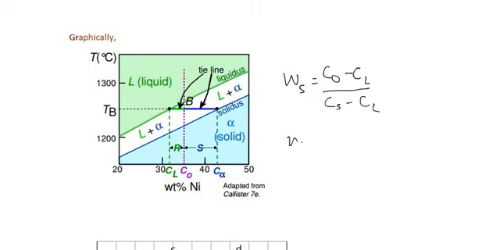And we said wl is equal to cs minus co all over cs minus cl. And don't get confused, actually here we used S to represent our alpha.